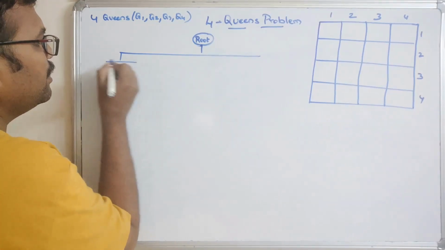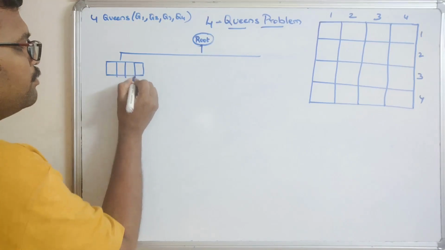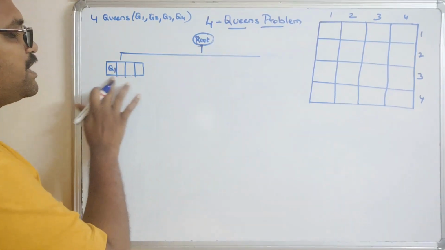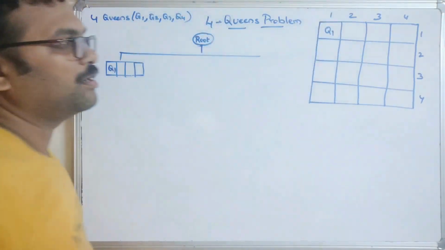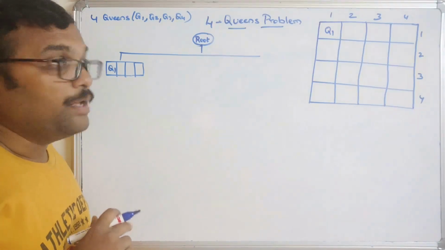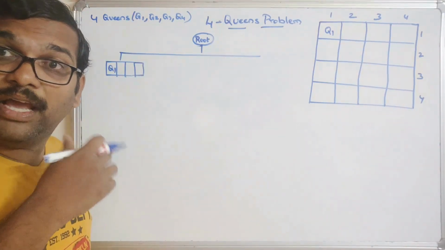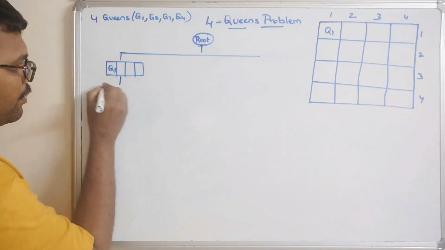There are 4 columns. If Q1 falls at first, that means we place Q1 here, then where should Q2 be placed?